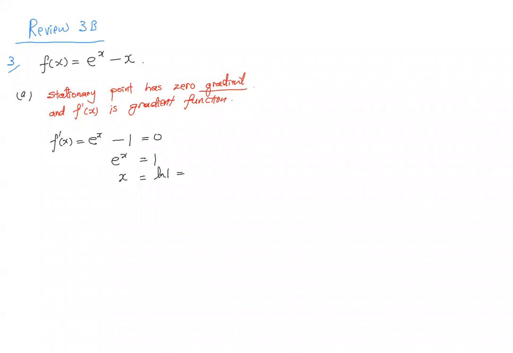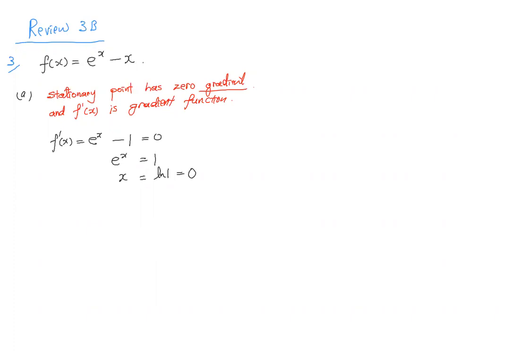Zafan, what is ln 1? Zero, sorry, guys. How do you know it's 0? Calculator, miss. Okay, it's okay. I just want to know whether you get it by yourself or you see someone tell you. Okay, so x equals 0.